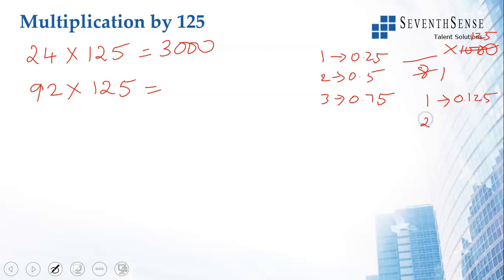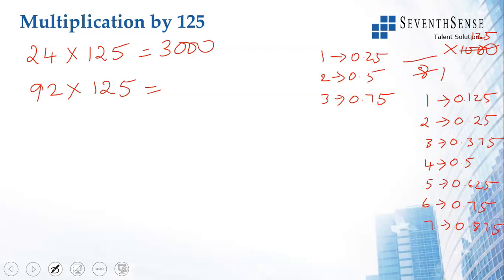If the remainder is 2, it will be 0.25. If the remainder is 3, it will be 0.375. How are we getting it? We are dividing 1 into 8 equal parts. If it is 4, you make it 0.5. If it is 5, you do 0.625. If it is 6, you do 0.75. If it is 7, you do 0.875. And if it is 8, it will be the next whole number.